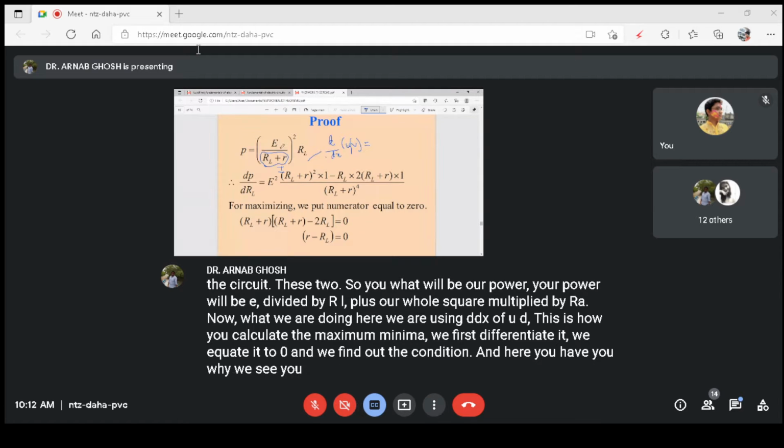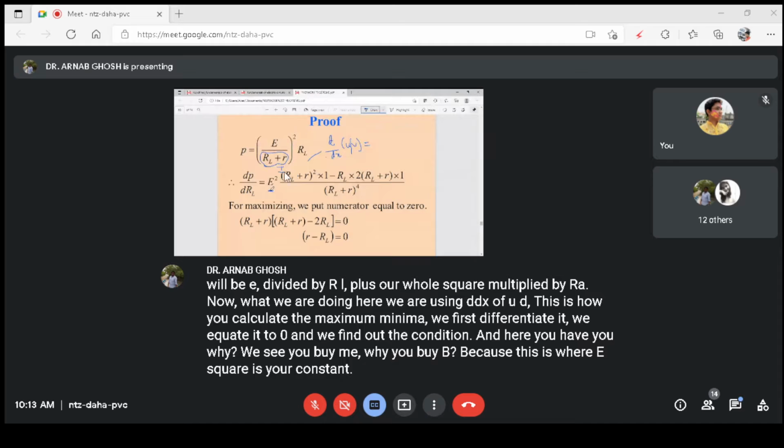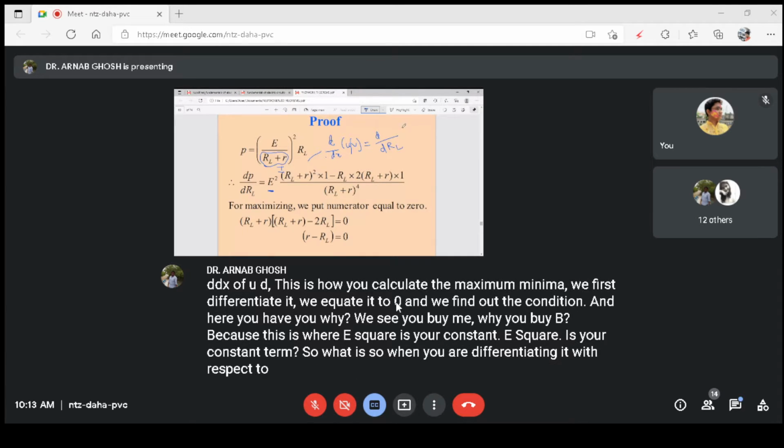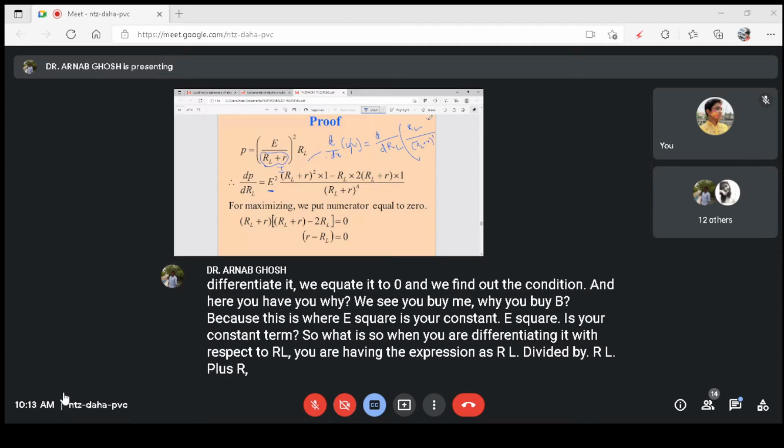Because E square is your constant term. So when you are differentiating with respect to RL, you have RL divided by RL plus R whole square.